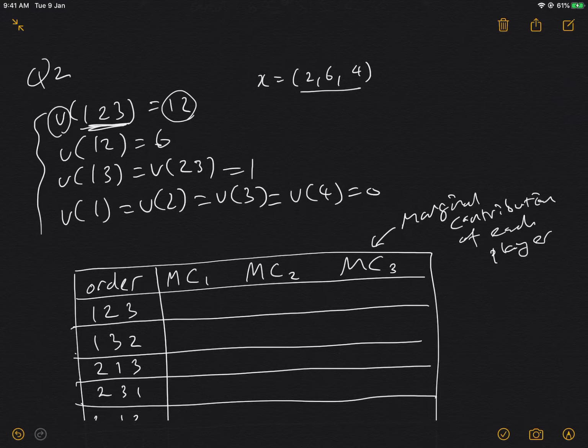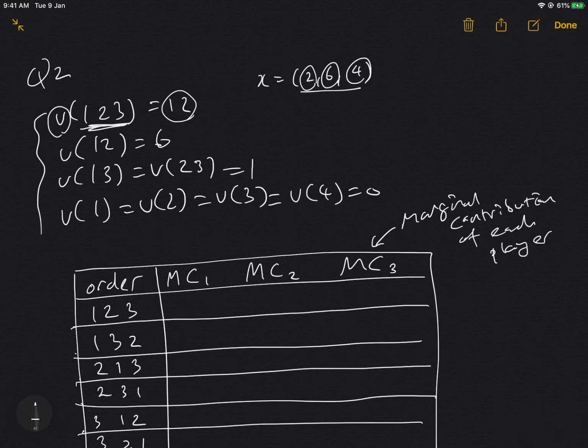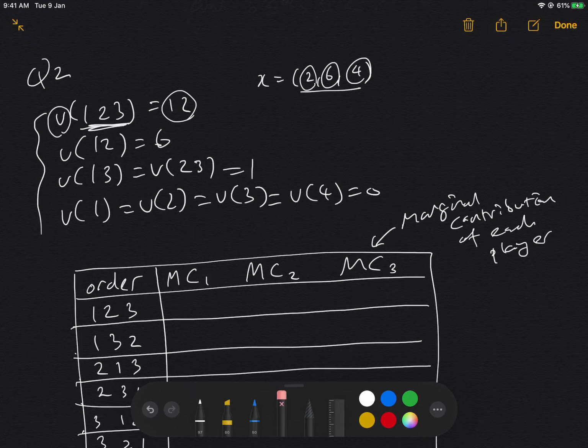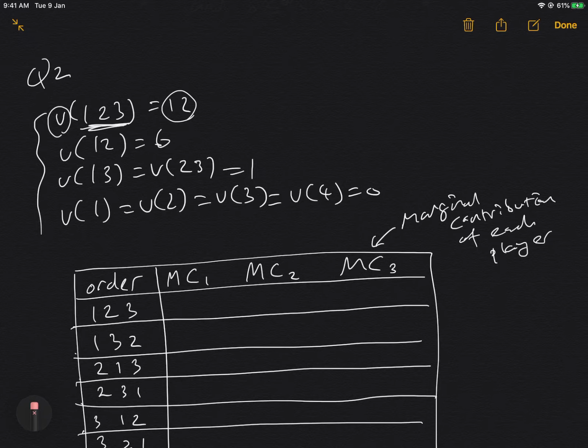And we're saying that we should assign player 1 2 utility units, 6 to player 2, and 4 to player 3. Obviously, this is not the answer. I just made that number up, but we're gonna find out how we do it. So keep in mind that we're trying to get that assignment.